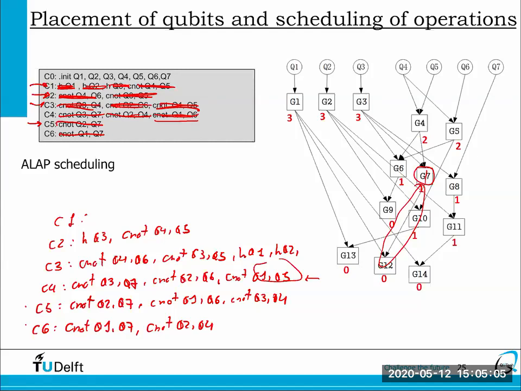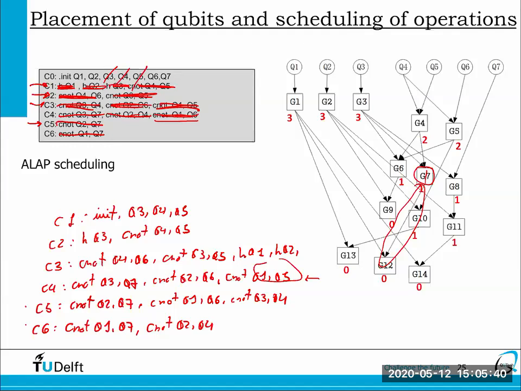And what about the initializations then? Cycle 1, right? Because we can also push the initialization, the preparation of the qubits. We don't need to initialize all the qubits at the same time. So I will say that in cycle 1, I need to initialize for sure Q3, Q4 and Q5, because I'm using them in cycle 2.